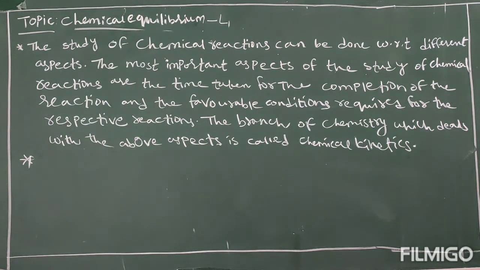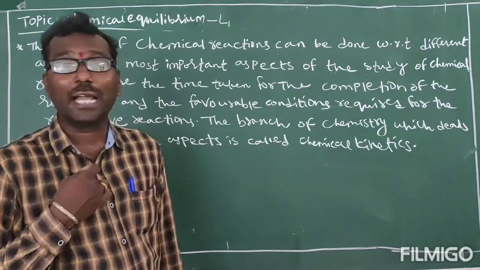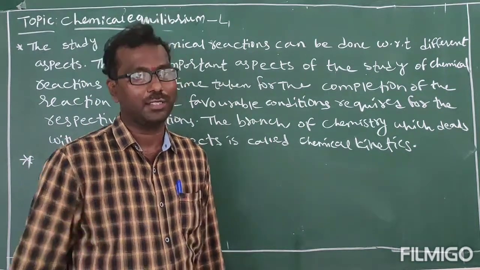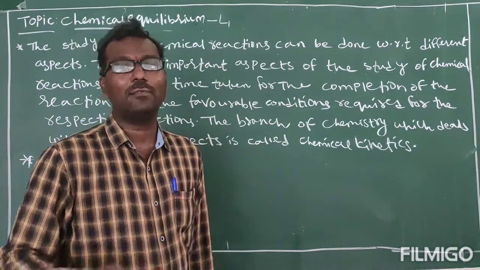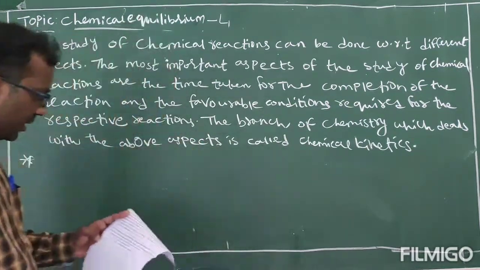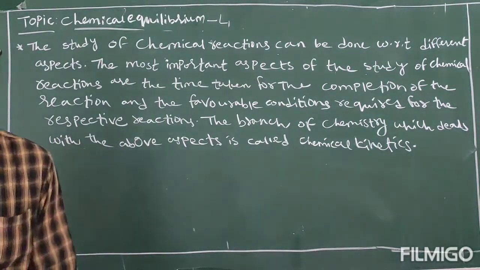This is the definition. The study of chemical reactions can be done with respect to different aspects, based upon the physical, chemical, all that. But out of all those, the most important is how the reactants are changing to products, what is the time taken for the completion of the reaction, and what are the favorable conditions for the reaction to proceed. That we study under chemical kinetics.